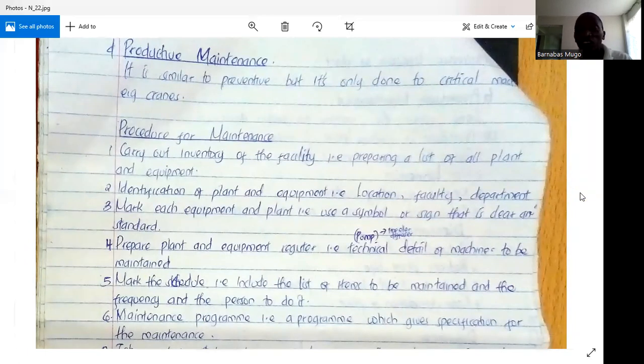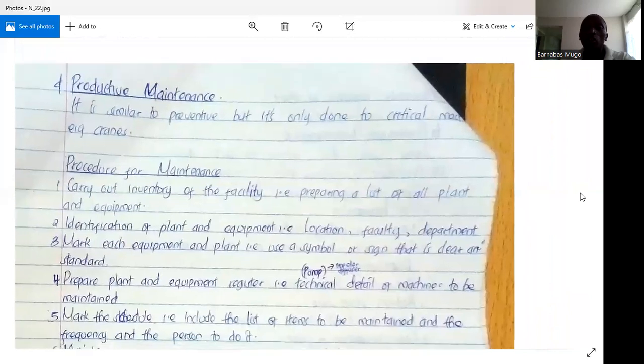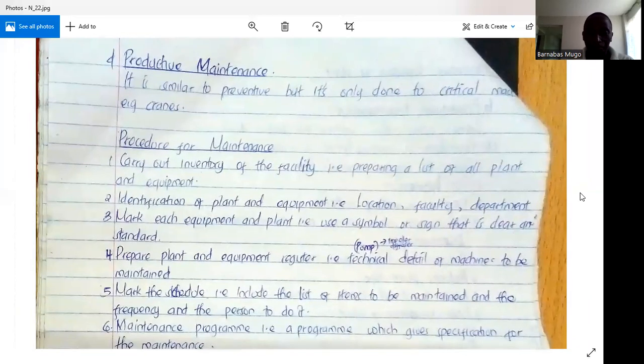These are the only machines on which we do productive maintenance. So those are the four main types of maintenance: preventive maintenance, scheduled maintenance, breakdown maintenance, and productive maintenance.